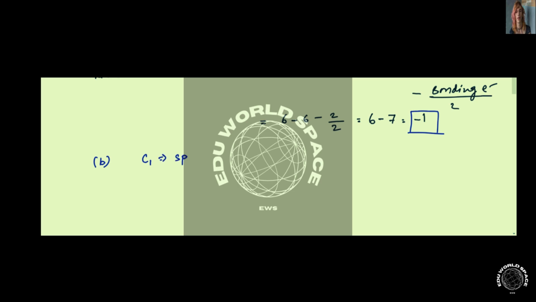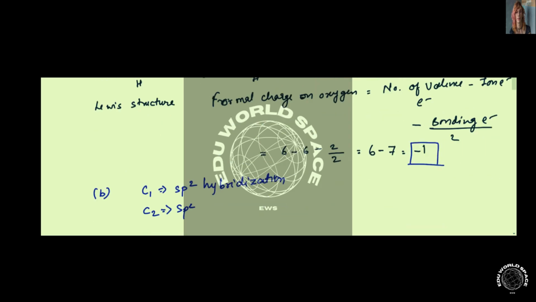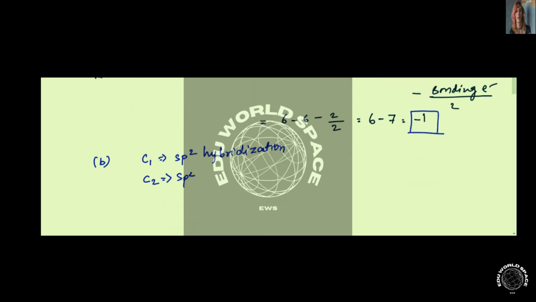Because a double bond is present. Similarly, C2 will have sp2, and again C3 will also have sp2, right?